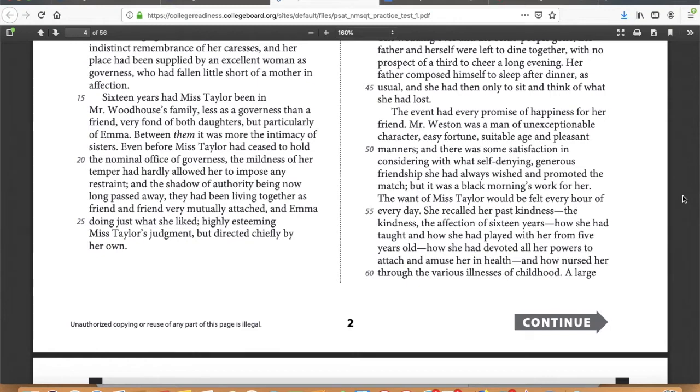She had wished and promoted the match. She encouraged them to get married. And it says there was some satisfaction in thinking about with what self-denying, generous friendship. She's thinking the whole time, I'm such a good friend. I think part of her recognized it may not have been in her best interest. Maybe she never fully thought about the consequences, but she knew when she was encouraging her friend Miss Taylor to get married that their relationship was probably going to be different.